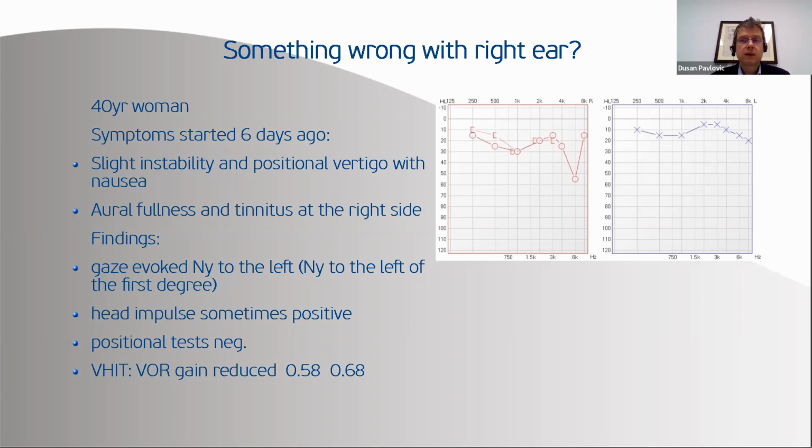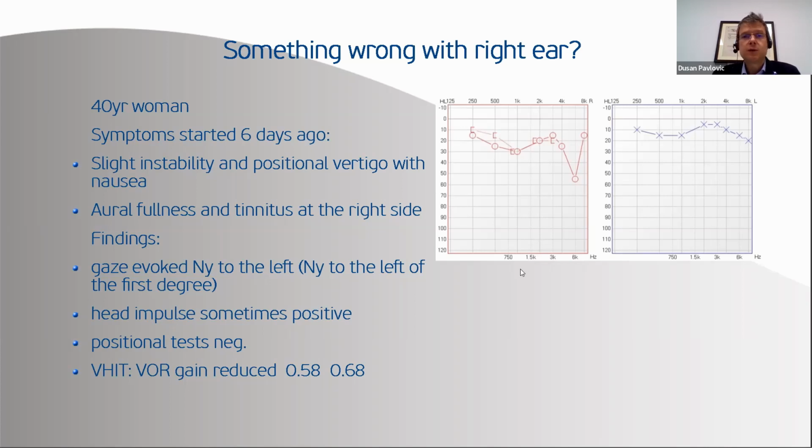So everything looks like something is wrong with the right ear. Positional tests are negative, ear gain reduced a little bit more at the right side. So considering symptoms and findings, and this audiogram, which is a little bit worse at the right side, we can conclude that something is wrong with the right ear.